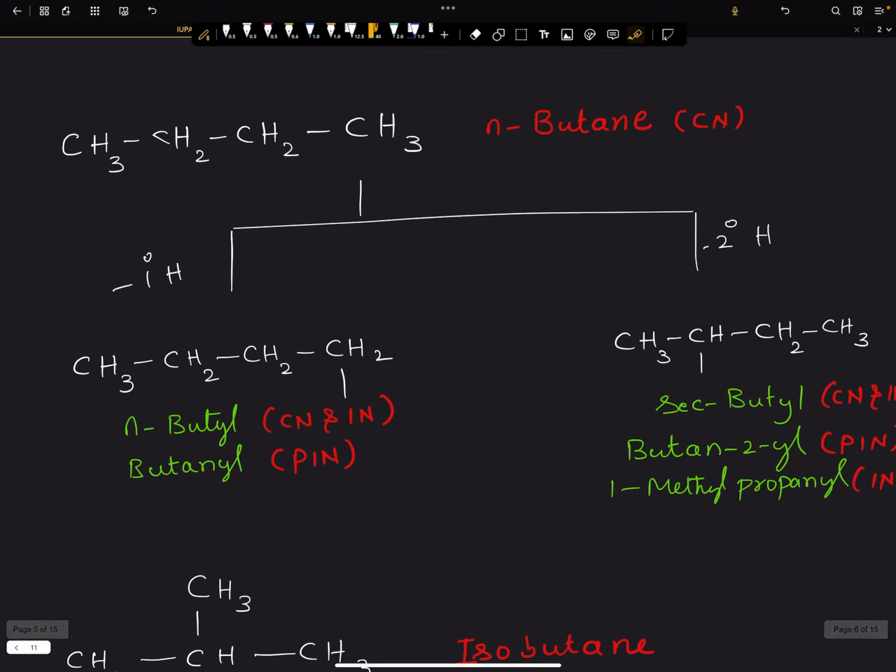Now let us consider n-butane, which is the common name. We can remove hydrogen from a primary carbon or from a secondary carbon.